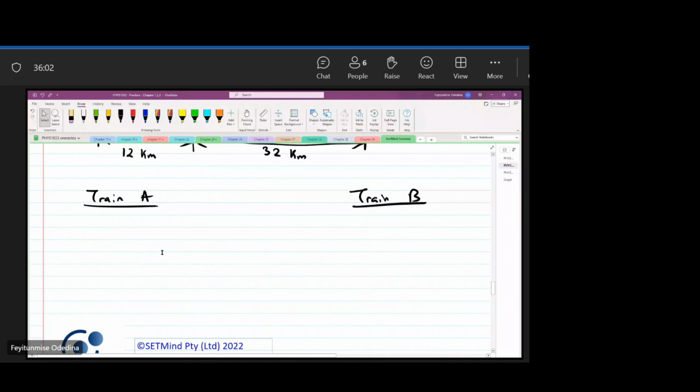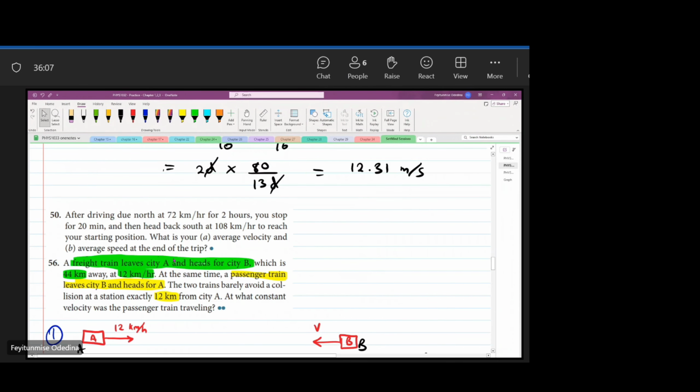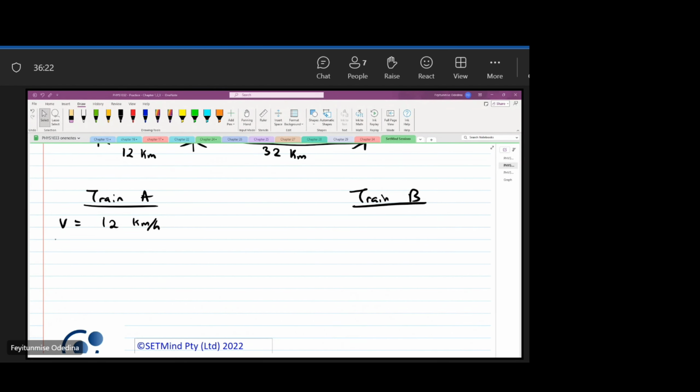For train A, we have our velocity as 12 kilometers per hour. We have our distance, so it has traveled a distance of 12 kilometers as well. We don't know how long it took.